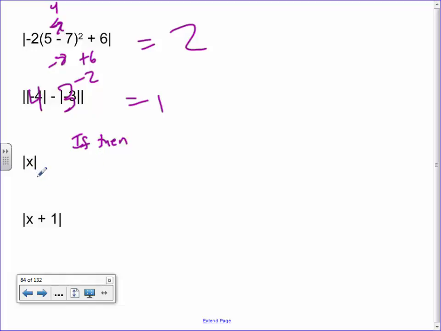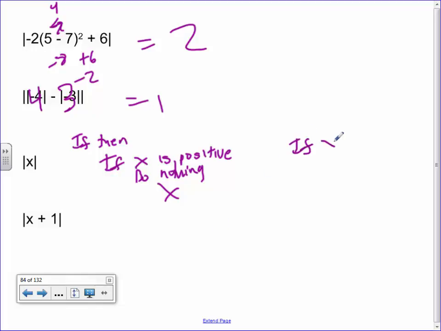If x is positive, what do you do? Nothing. So you'd say, if x is positive, the answer is just x. Right? If x is positive, do nothing. Make sense?